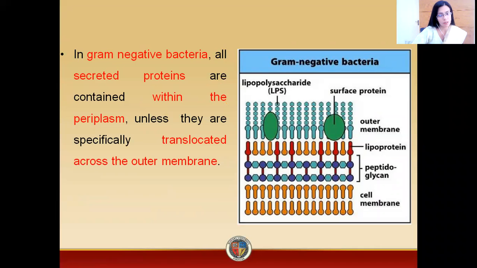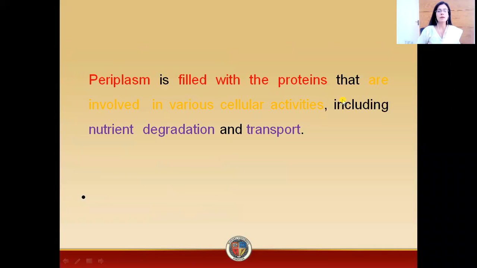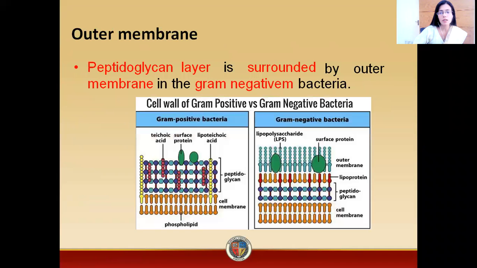And this is very important. It contains proteins, and these proteins have the ability to be translocated to the outer membrane, and at the outer membrane we call these proteins surface proteins. Now, this periplasm is filled with proteins that are involved in cellular activities including nutrient degradation and transport.